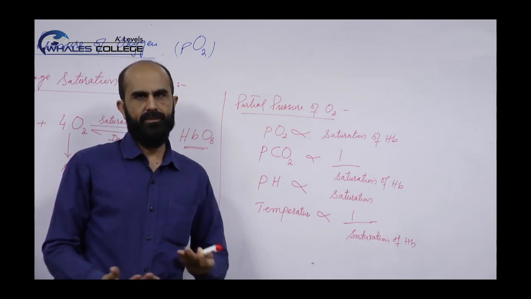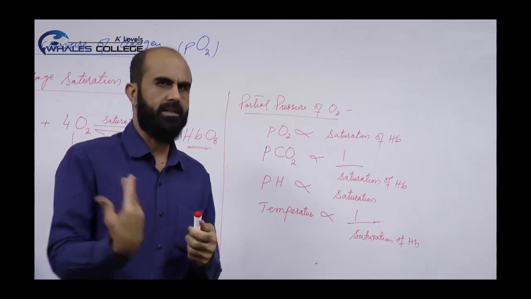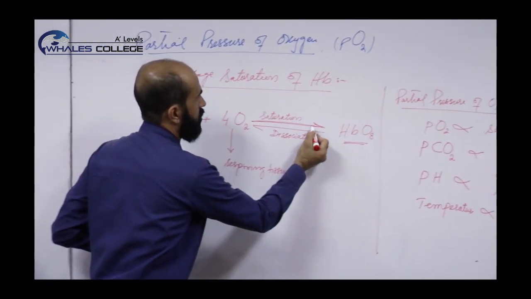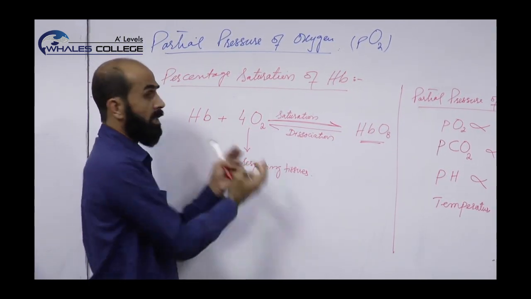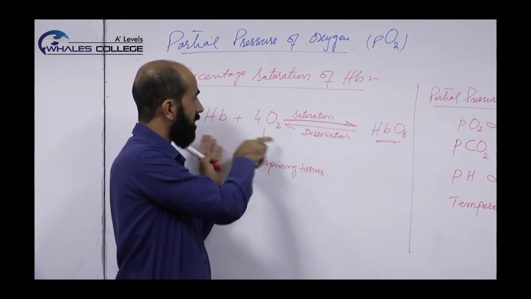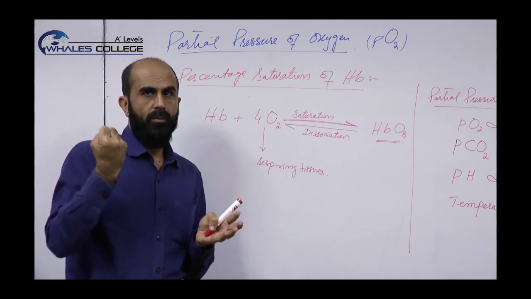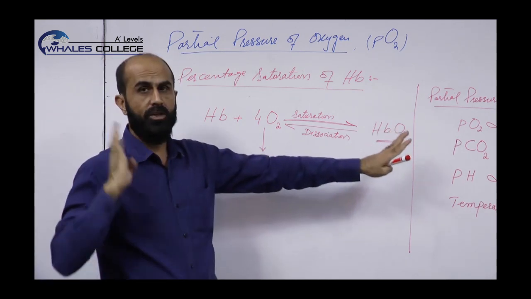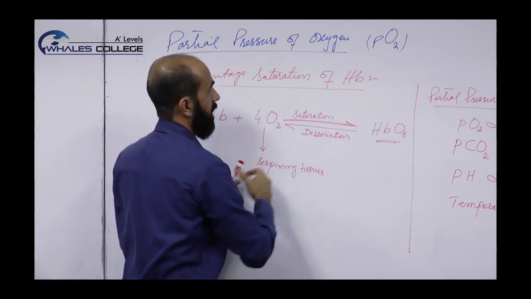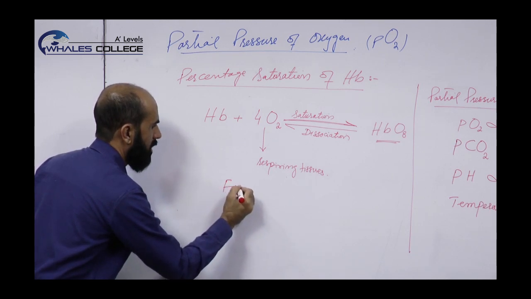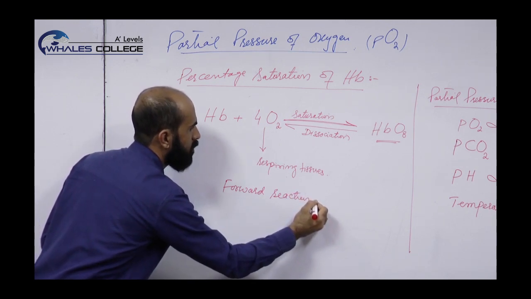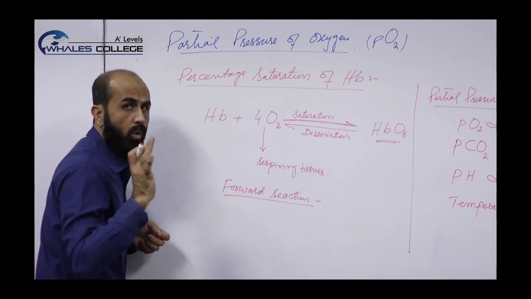So what's the summary? 4 features we have discussed. One by one I'm going to tell you again. Number 1, saturation is the forward reaction. More oxygen will be picked up. If you're talking about the forward reaction, you are saying that hemoglobin is picking up oxygen. Now what are the features which promote saturation? If you want to make the forward reaction faster, what should you do?